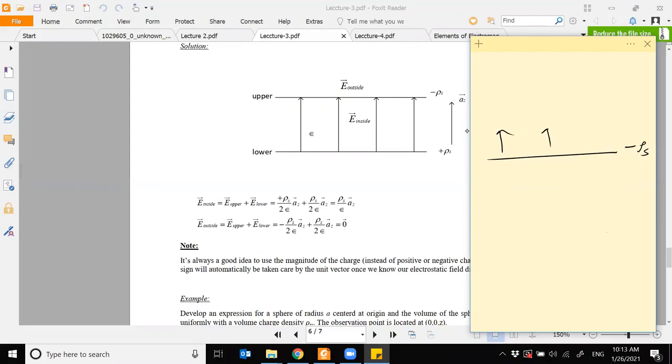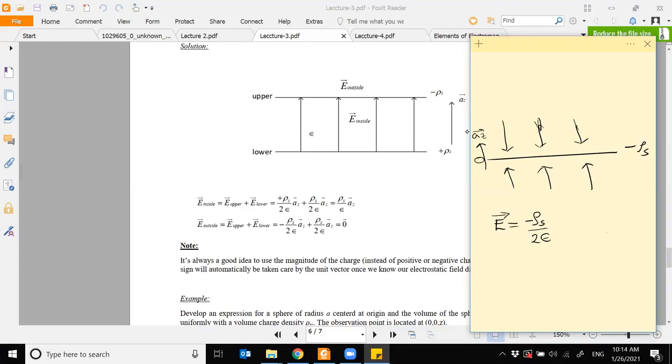and if this is our electric field, then how do you write the expression? E bar is equal to minus rho s over 2 epsilon times az.